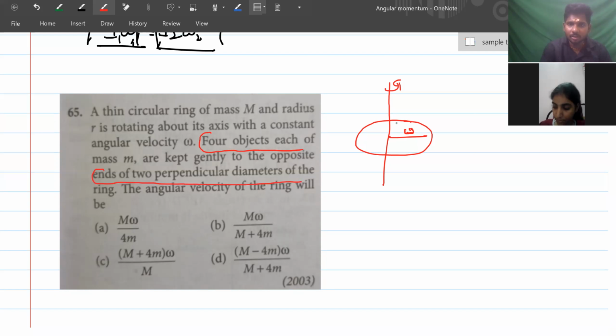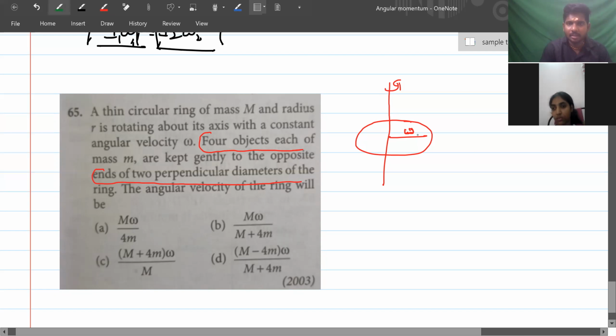It means one mass here, one mass here, one mass here, at all the opposite ends of the perpendicular diameters, like this.